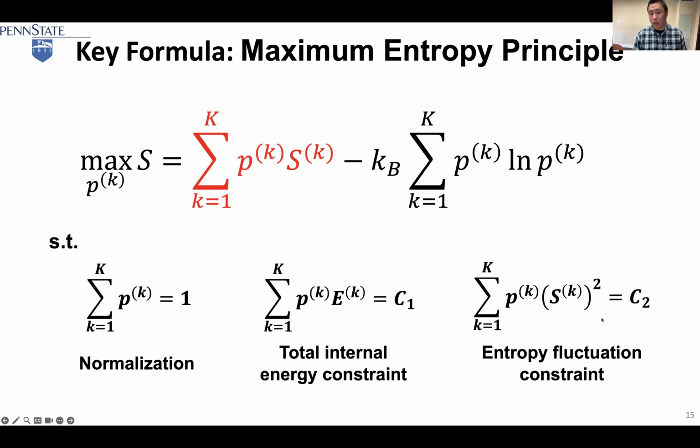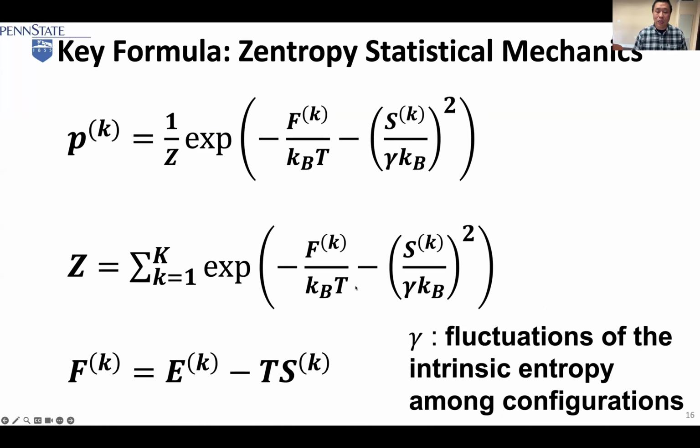Then you have an additional constraint over here. Everything is through the Lagrange multipliers, right? You put in Lagrange multipliers lambda 1, lambda 2, lambda 3, right? One of the Lagrange multipliers is called the temperature, which is normally what we introduce in the cross entropy.